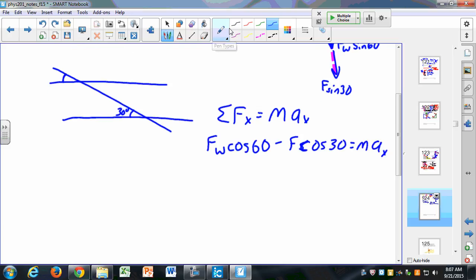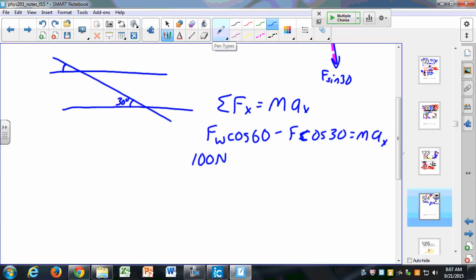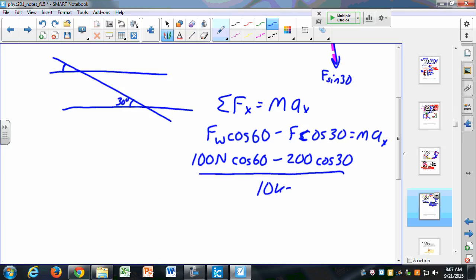My mass was 10 kilograms, so this is going to be 100 newtons cosine of 60 minus 200 newtons cosine of 30, divided by 10 kilograms equals ax. I get negative ax is negative 12 meters per second squared.